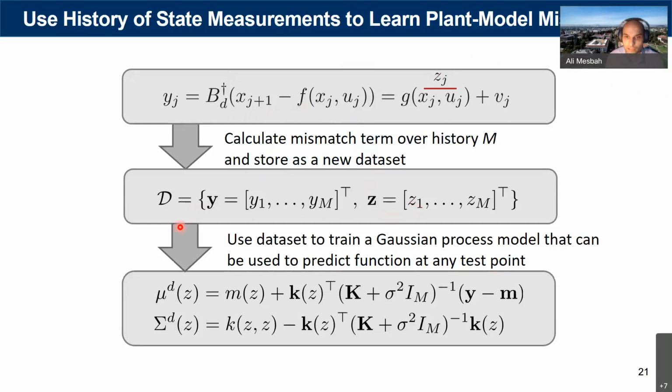You can use this data set over some history of your process in order to compute the mean and the covariance of your plant model mismatch model. So essentially, we are representing the plant model mismatch term by a Gaussian distribution, and we can evaluate the mean and the covariance of this Gaussian distribution in real time as we gather more data.